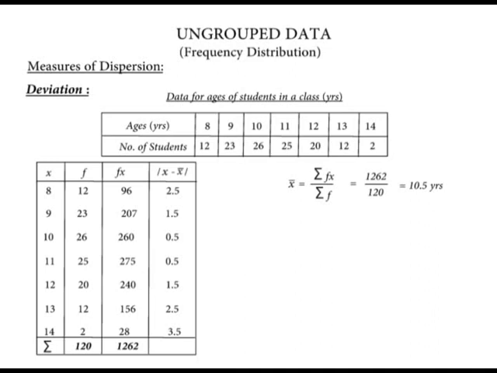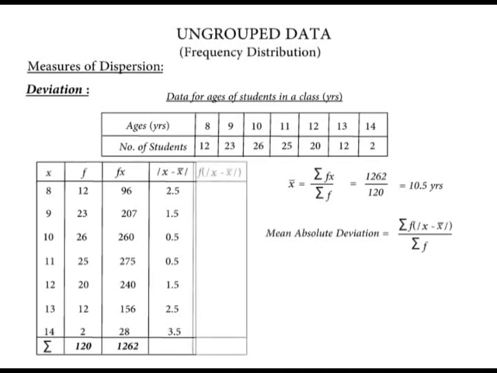For a frequency distribution, the mean absolute deviation is given by summation of f times the absolute value of x minus x bar over the summation of frequency. Looking at this formula, it means we need another column for f times the absolute value of x minus x bar. So we multiply the frequency times the absolute deviations.